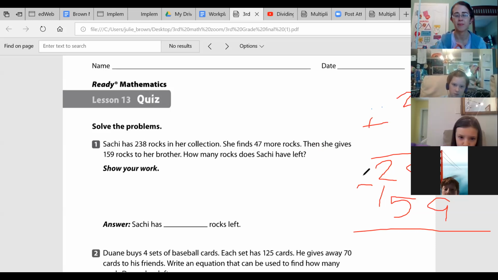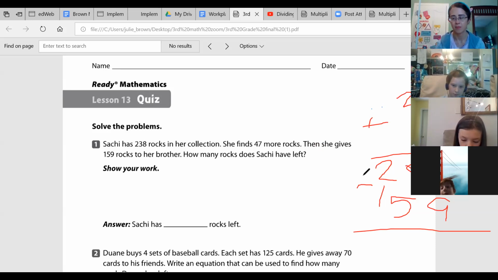Okay, so 9 minus 5, you can't do that, so you have to cross out the 5. That becomes 15. Then you have to cross out this guy. That becomes 7.